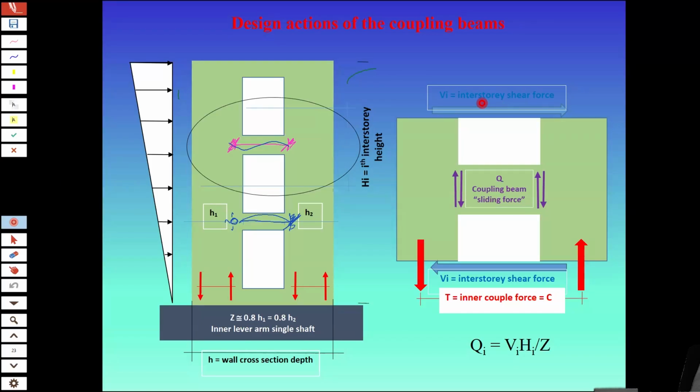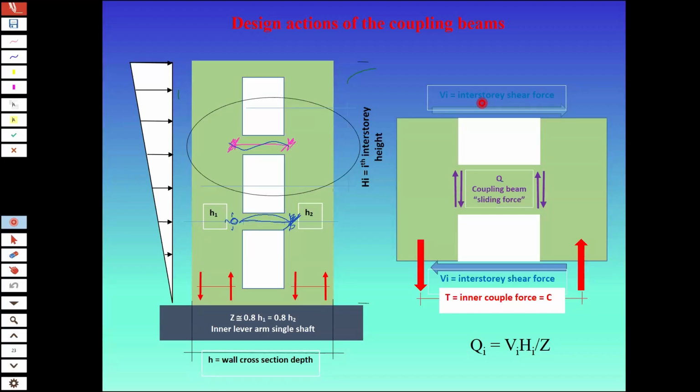And these two forces, which are the forces in the two shafts, must equilibrate this moment. How do they do it? Through the inner lever arm Z. So if your coupling beam must restore the continuity between the two shafts of the walls, it has to behave likely as if the opening did not exist. So this is the same mechanism that we have seen for the solid wall.